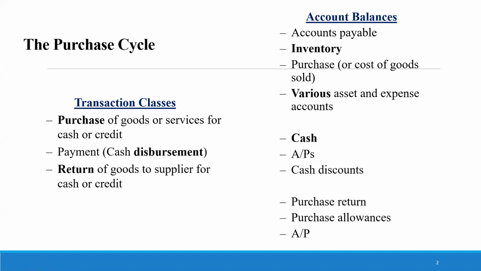So if you look at the transaction classes side, it seems the purchase cycle involves purchase transactions, payment transactions, and also in some special situations, purchase return could also be a case, right? And then if we look at the account balance side, the right-hand side of this page.